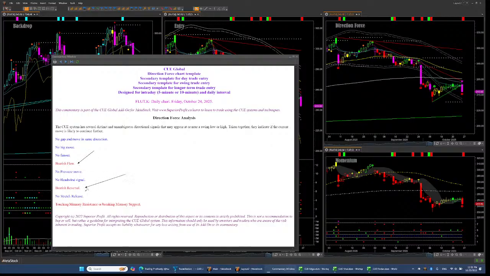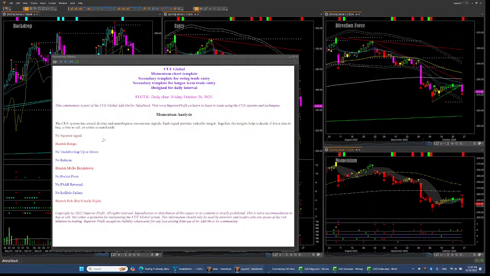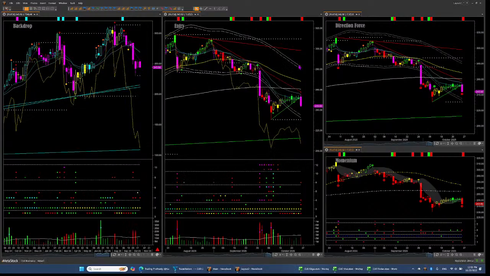Flow bearish reversal and trend line breakout. What are the bearish momentum signals? Bearish bongo, mobo breakdown, and red candle high. Remember, that was one of my starting points to look for shorts. And yes, it has a reversal candle also.